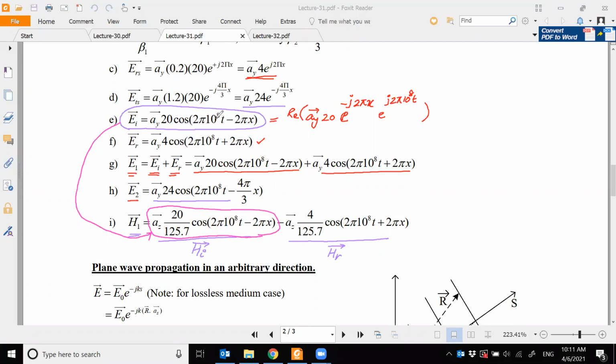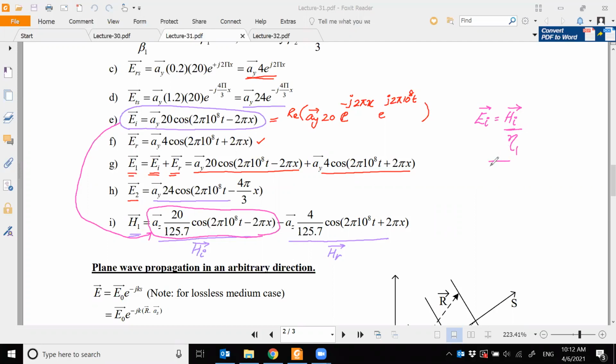What is the relationship between the electric field and the magnetic field, right? Intrinsic impedance. Yes, the intrinsic impedance. E_I is equal to H_I over eta 1. This is the relationship, eta 1, because this is in medium 1.